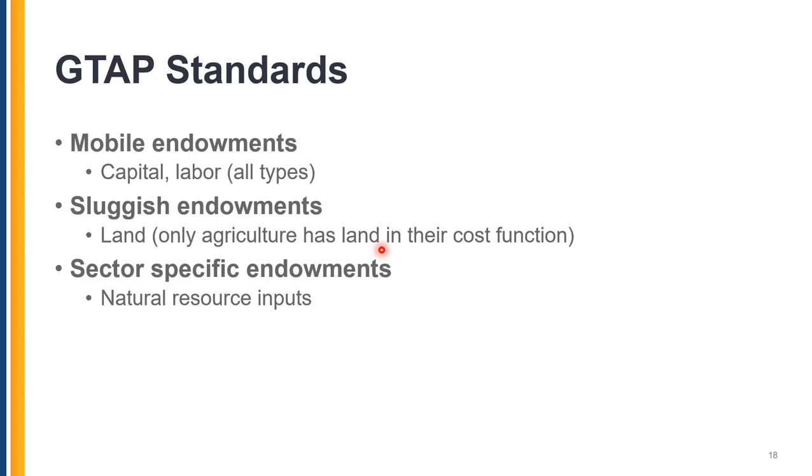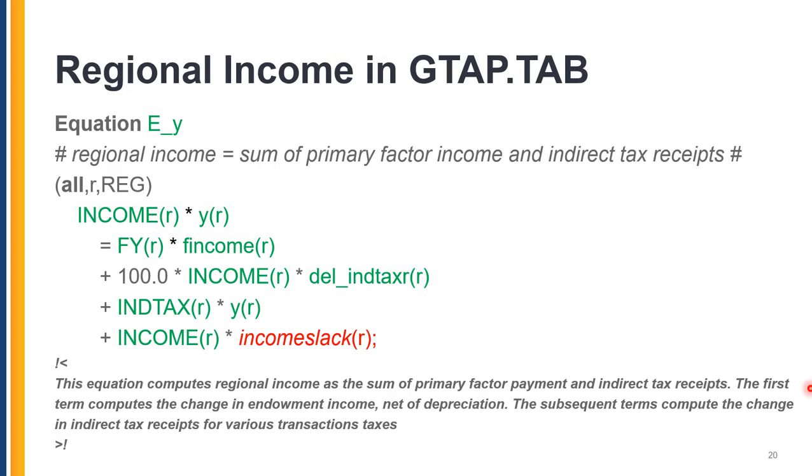So one of the odd things is land exists as an input, and it may show up in equations with results, but the only activities that have land in their cost function are agricultural production. And so for our example model, that would be food. Food has all of the agriculture plus all the processed food items in it. And the sector-specific endowments are natural resources.